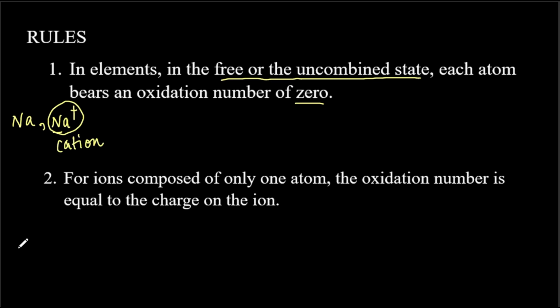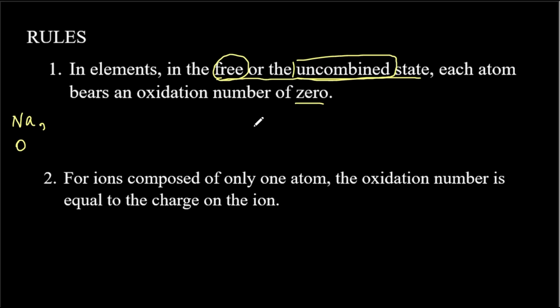It is having a charge. But what about Na? It doesn't have a charge. How to represent that? When it is an anion, I can write a negative sign. When it is a cation, I can write a positive sign. When it is neutral, you have to represent that by 0. So for an element in its free or uncombined state, the oxidation number is 0.